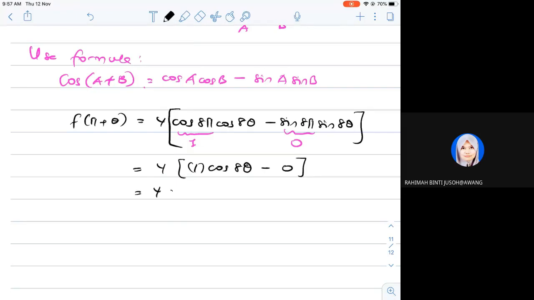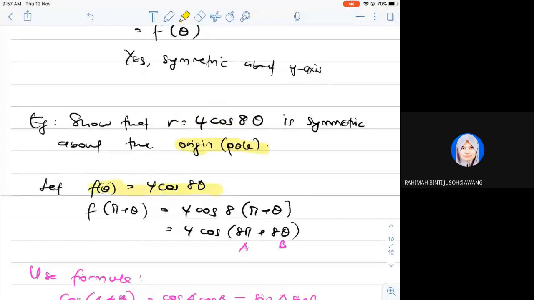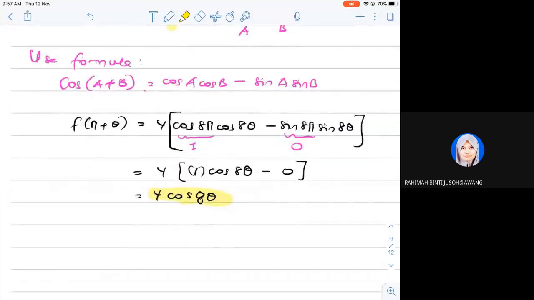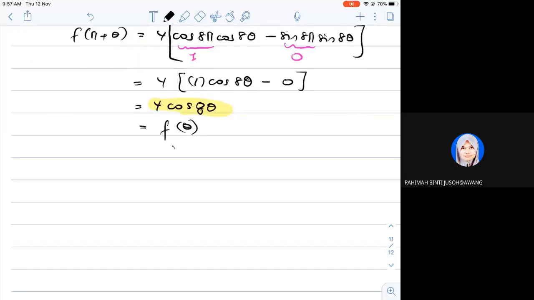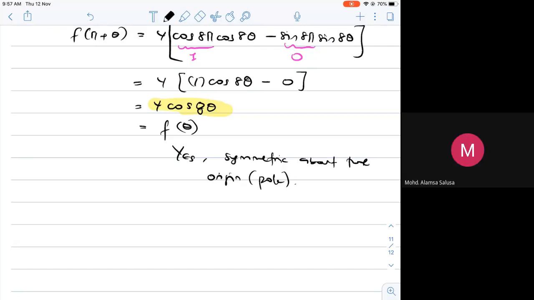So we will have 4 cos 8 theta. Is this the same as f theta? Yes. So this equals f theta. Yes, symmetry about pi plus theta is about the pole, about the origin or the pole. Okay, guys, did you understand? Yes, Doctor. Yes.